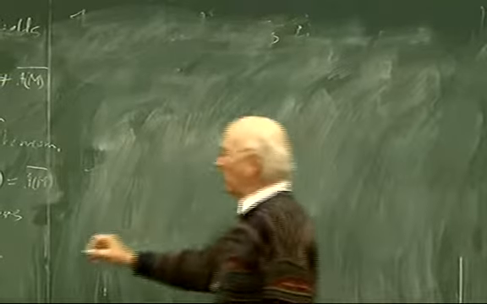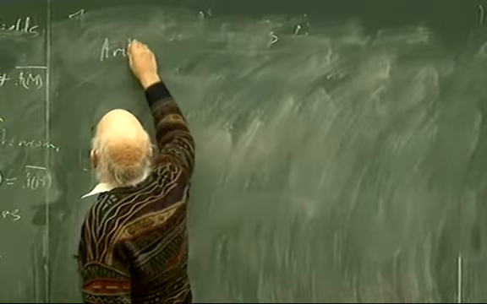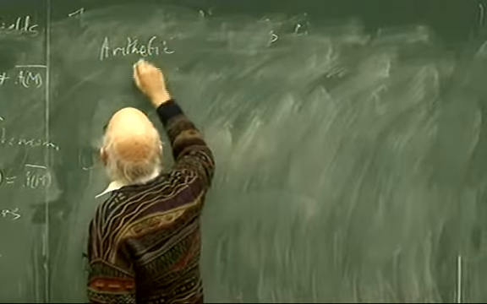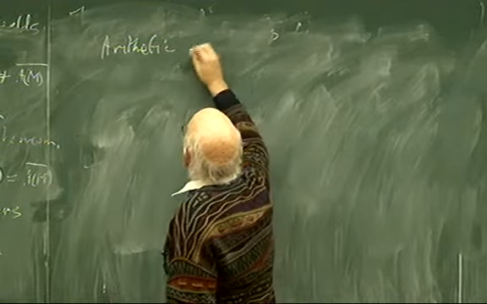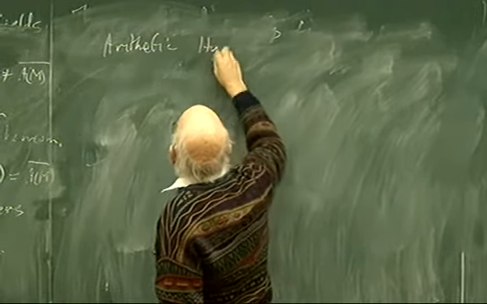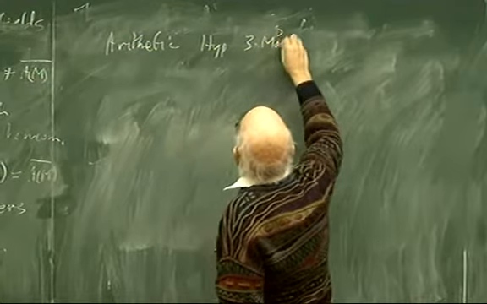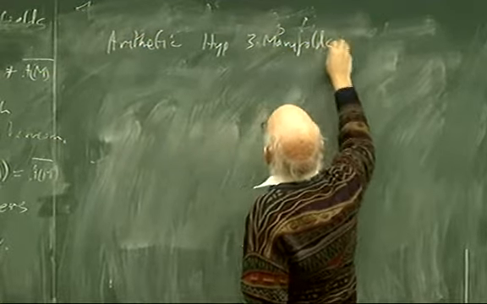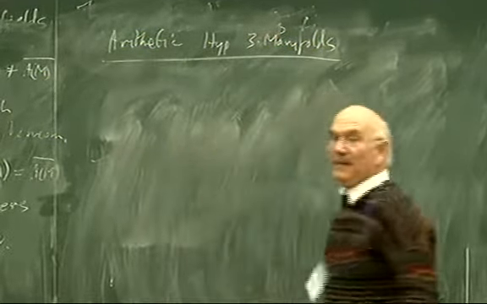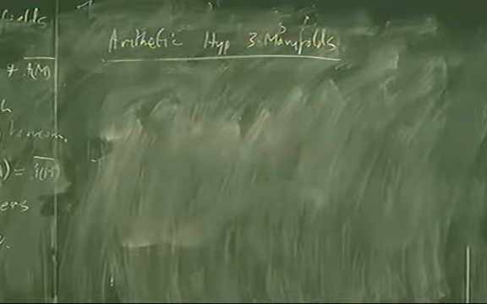So I want to describe to you what it means to be arithmetic. You've seen this before in some generality, but now I'd like to specify this to hyperbolic 3 manifolds.